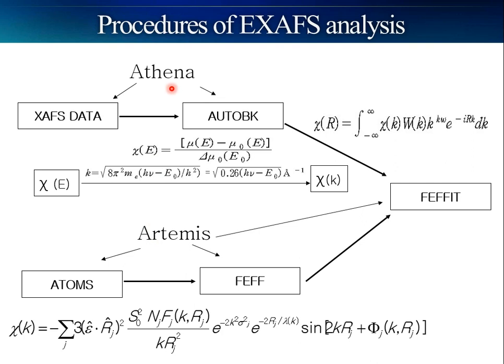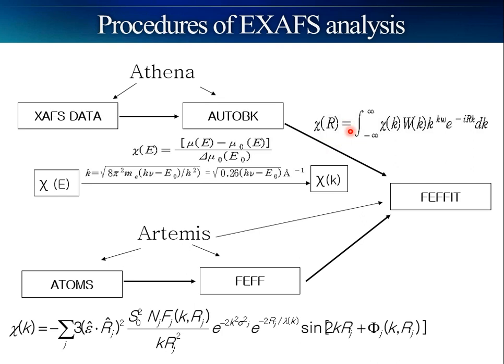The Athena program includes the AutoBK code to remove the background. And using the AutoBK code by this formula, we can get XAFS of k, chi of k, or chi of R after Fourier transformation.